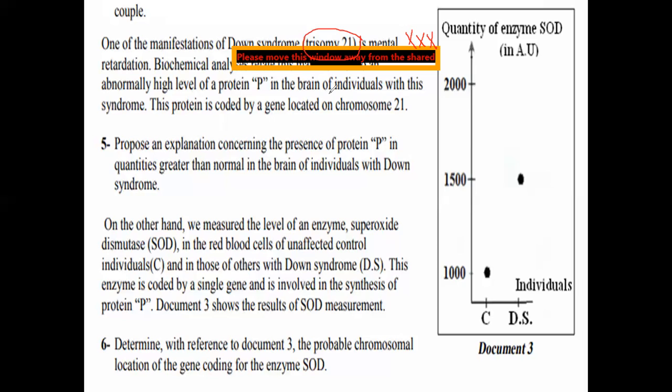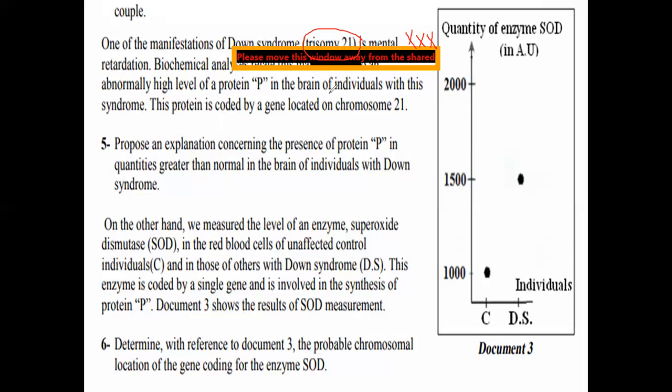This explains the higher amount of protein P than the normal, which is related to the mental retardation in Down syndrome individuals.